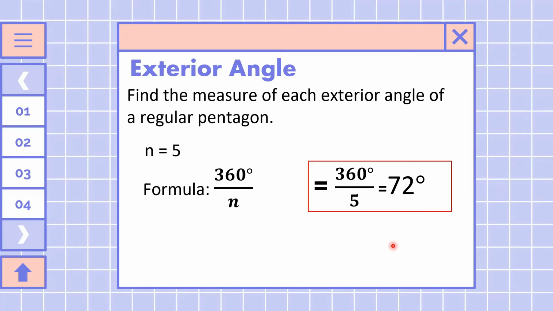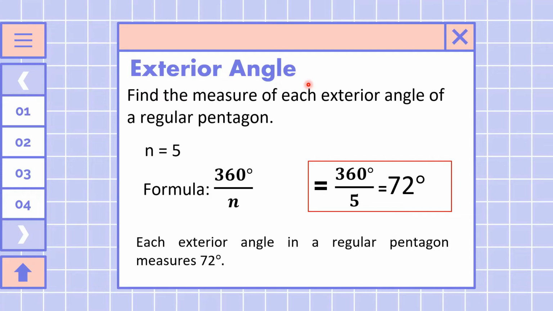Okay, very good. So, we're done with the exterior angle. So, sa inyong papel, ang inyong task sa inyong activity sheets is you have to find the exterior angle of octagon and hexagon. So now, each exterior angle in a regular pentagon measures 72 degrees.